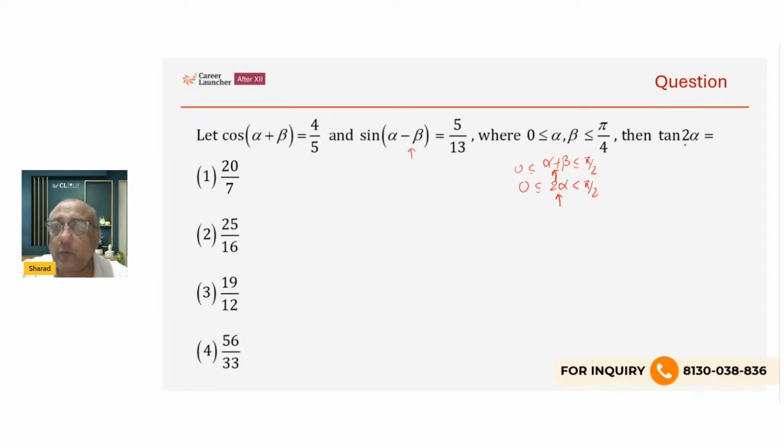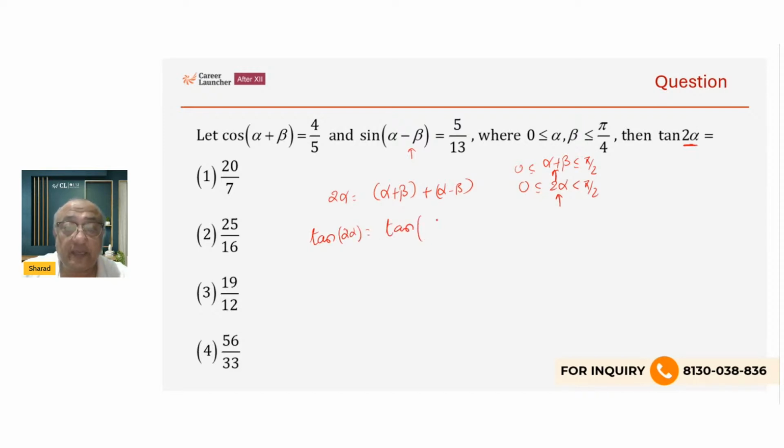I have to find out 2 alpha. 2 alpha can be written as alpha plus beta plus alpha minus beta. This is the trick. That's it. Now what will I do? I'll put tan 2 alpha, taking tan on both sides.